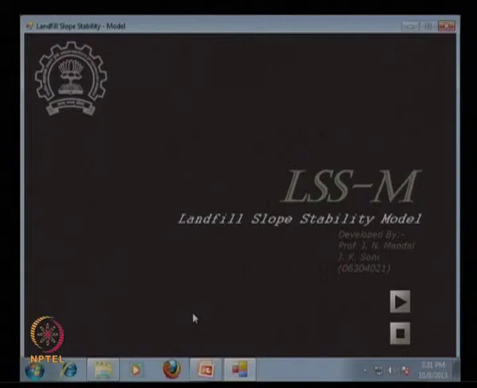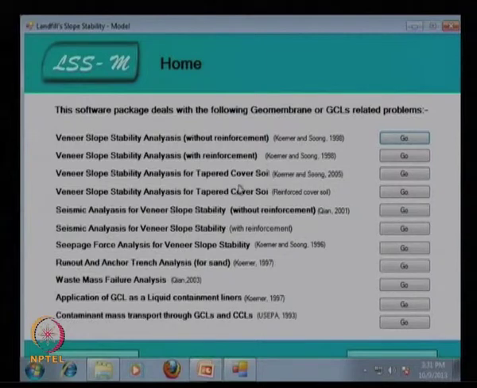This is the landfill slope stability model, and this is developed by J.K. Soni.